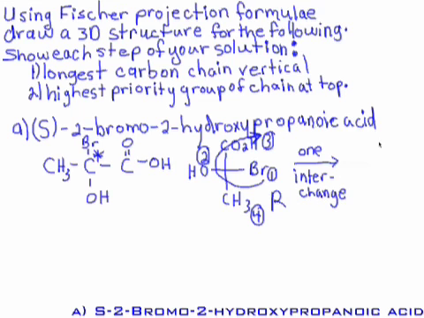If I do 1 interchange now, I've got to keep the longest carbon chain vertical. So I leave the CO2H and methyl, and I switch the Br and OH. Because I did 1 interchange, an odd number of interchanges, this molecule is therefore S. S is what I want to draw, so now I'm ready to draw my 3D.